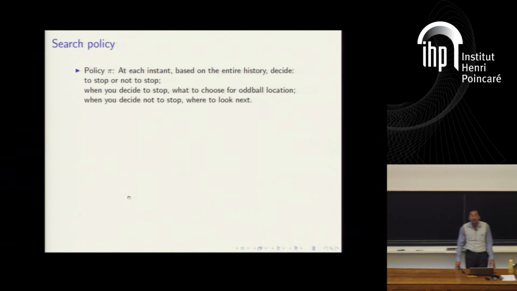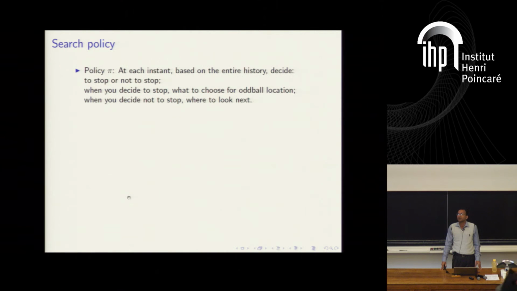Okay. I must describe what a policy is. When you do the search, you're actually executing a certain search policy. The search policy is a sort of contingency plan that you come up with right at the beginning. It's a rule book, and you just follow this rule book. At each instant, based on the entire history of what you have observed and all the actions that you have taken, you decide whether to stop or to continue.